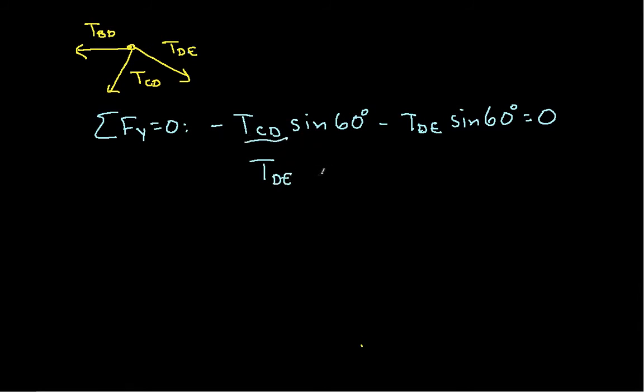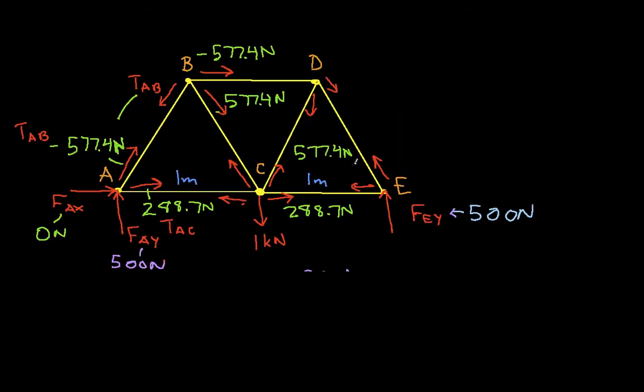So I solve this for TDE is equal to minus 577.4 newtons. Okay, so I'll go back to my free body diagram and write this in. This is minus 577.4 newtons. Okay, so we're almost done.